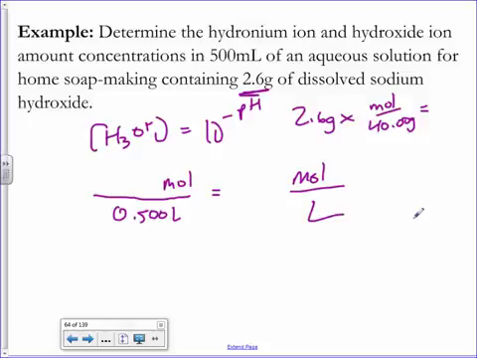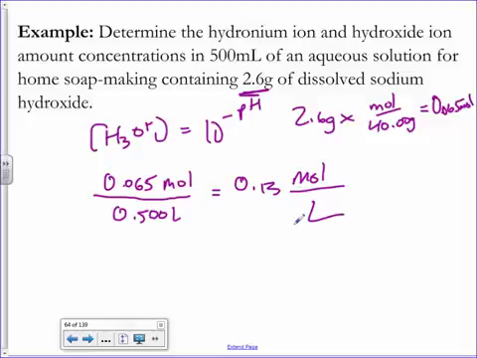So I got 0.065. Take 0.065 moles, divide by half a liter. I got 0.13 moles per liter.